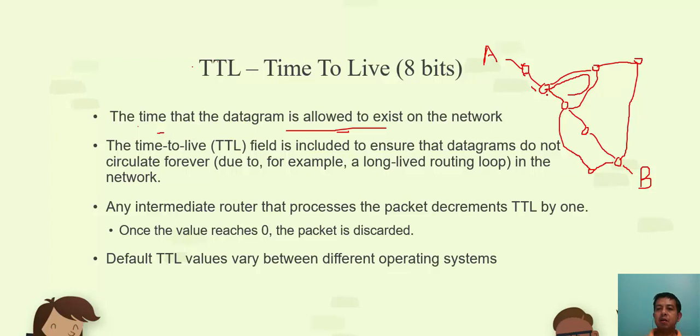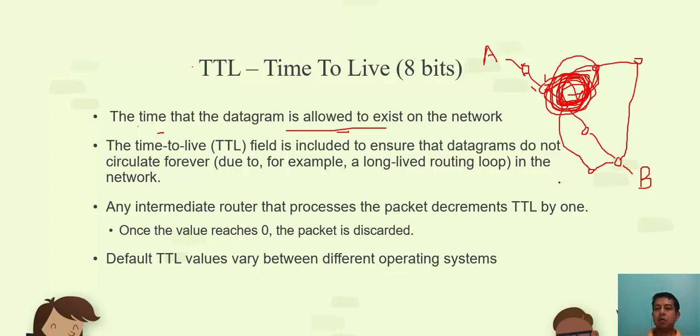Say this datagram comes to this router, then goes to this router, and then comes back again, moving around for a long time in a loop because of the malfunction. Because this datagram keeps moving around, it would unnecessarily create traffic in the network. Clear?